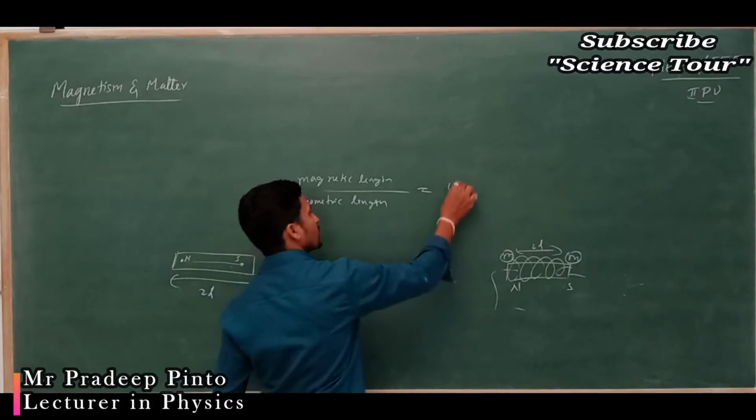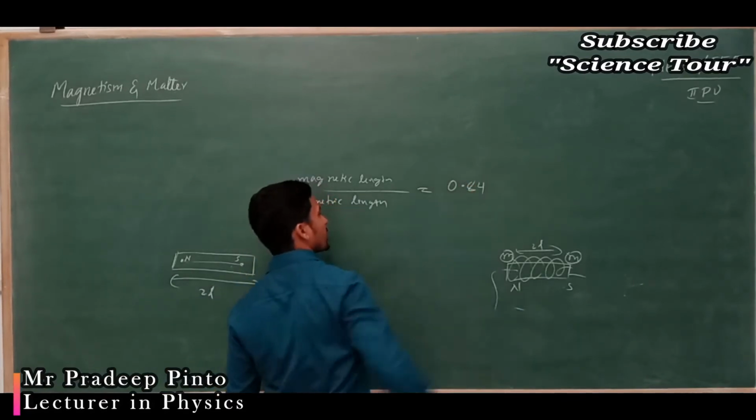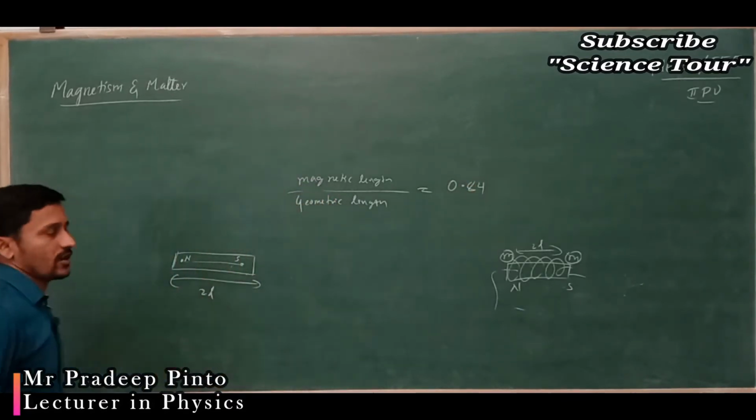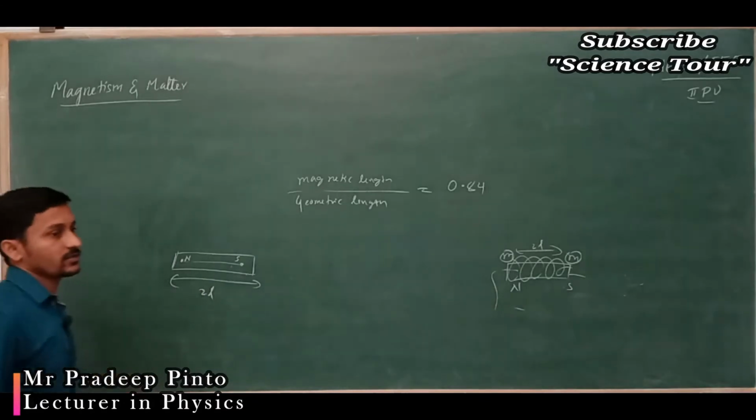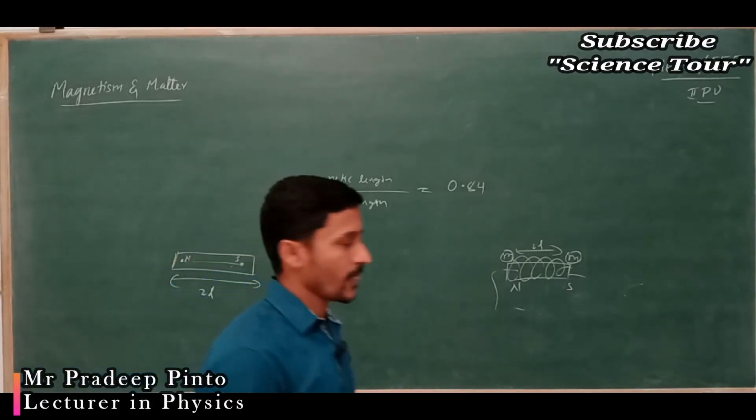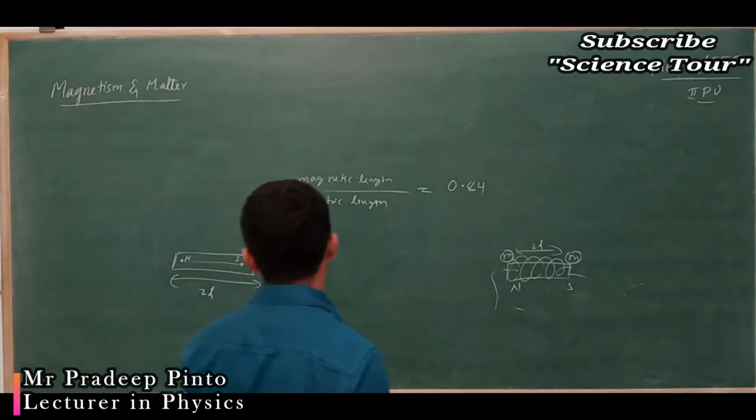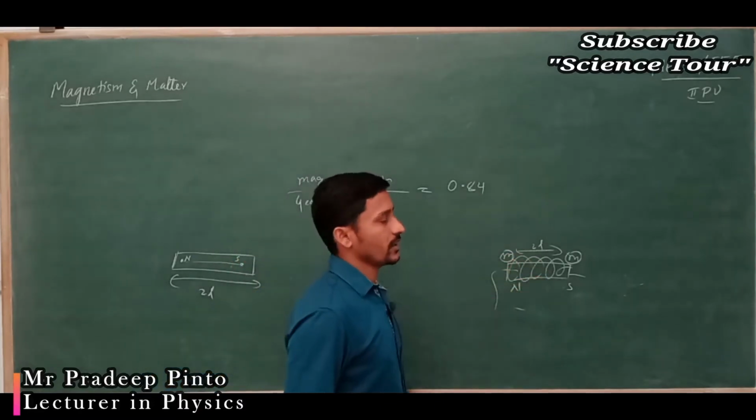If you calculate the ratio, you get nearly 0.84. Ideally it should be one because both would be the same, but practically we do not get that.